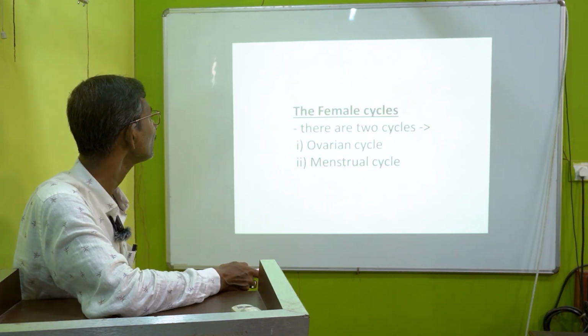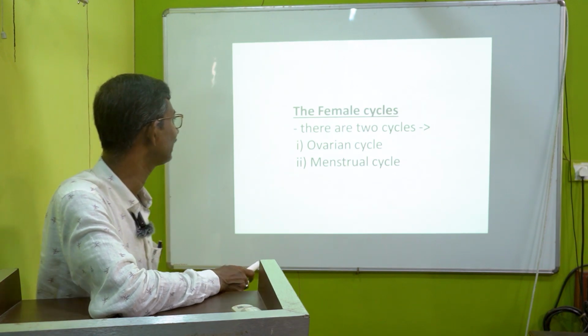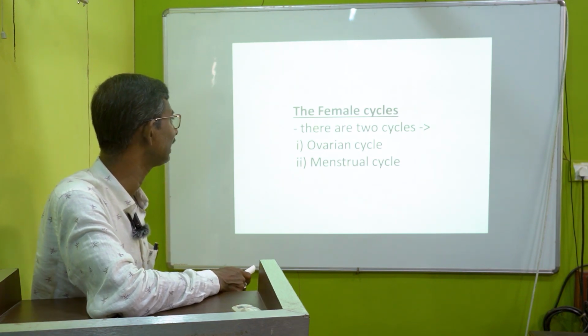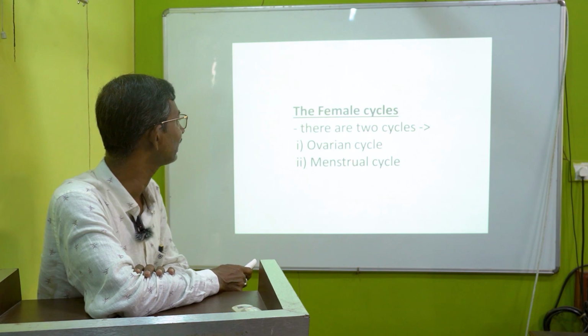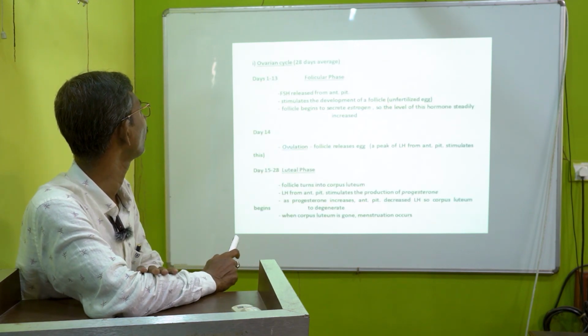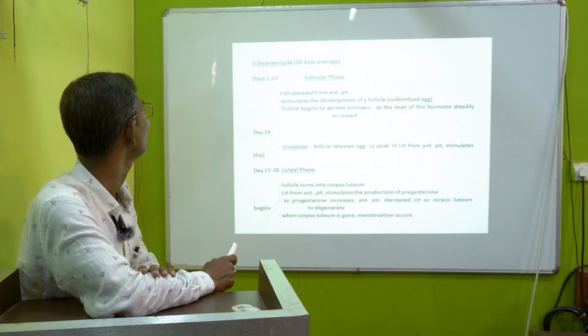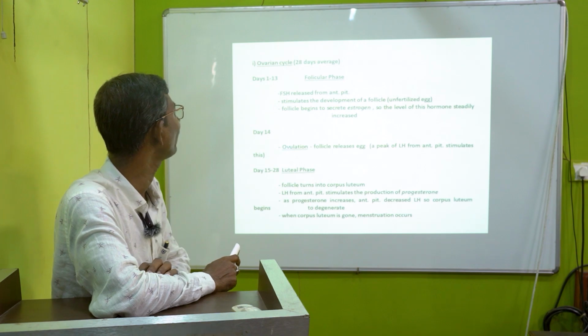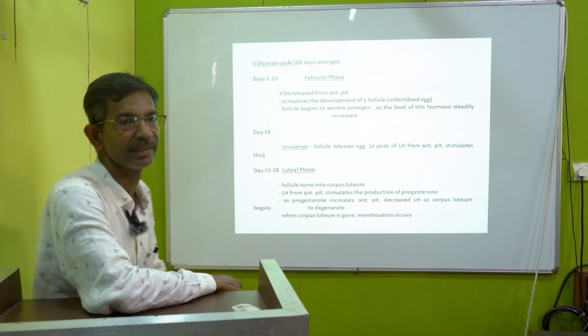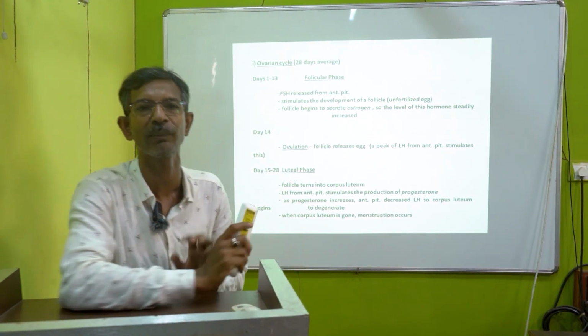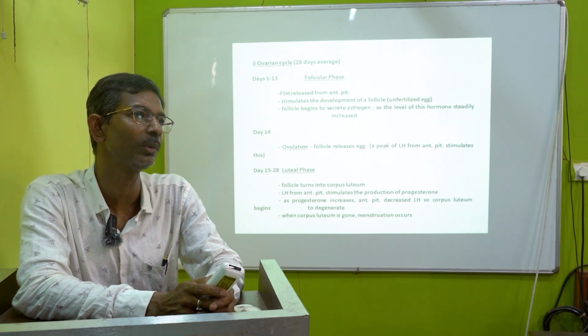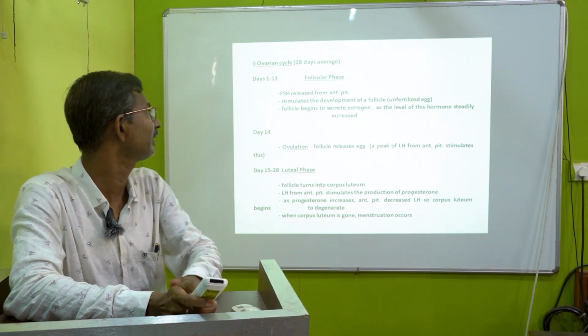Next. Now the female cycle has two cycles: the ovarian cycle and the menstrual cycle, that is the uterine cycle. The ovarian cycle is a 28-day cycle with two phases, the follicular phase and the luteal phase. The duration of the follicular phase is 1 to 14 days.